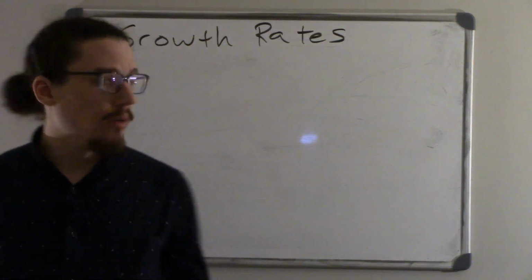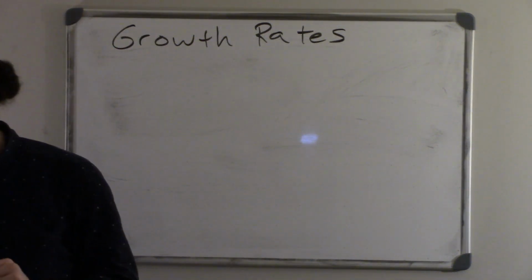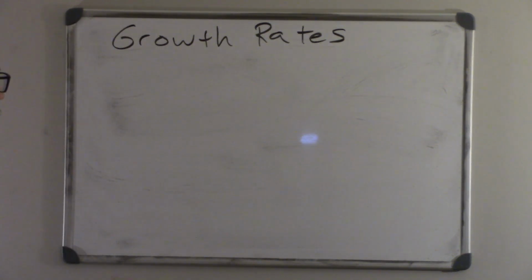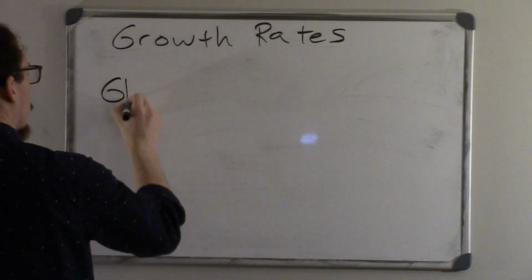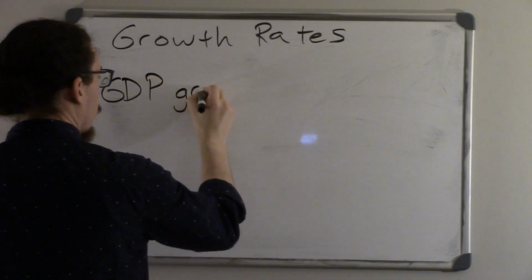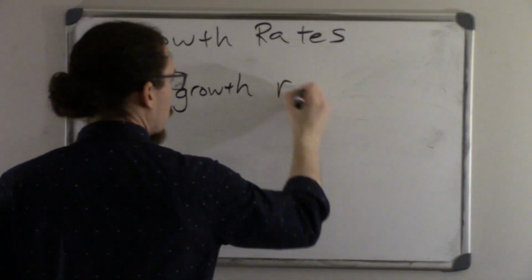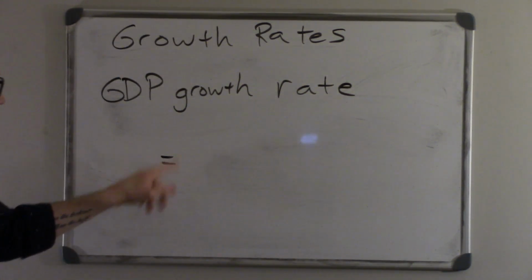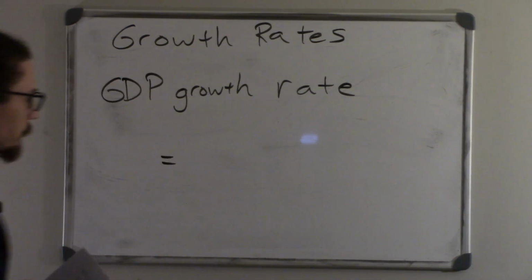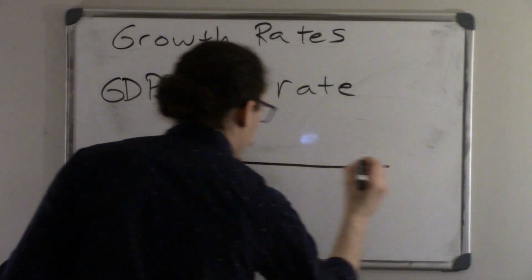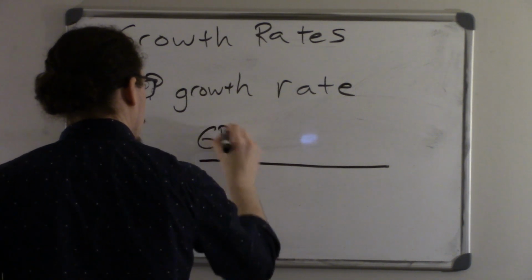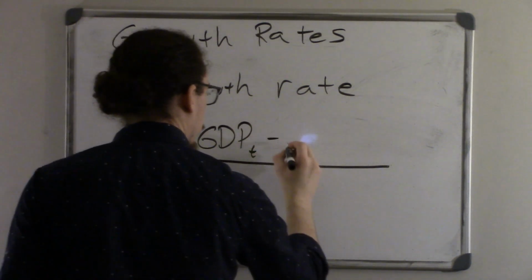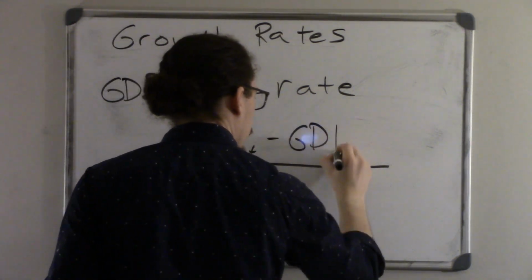The way we're going to find that out is through growth rates. To calculate our GDP growth rate, it's not terribly complicated. I'm going to go ahead and say, so this is the GDP growth rate. I'm going to just write it down, and then we'll talk about it.